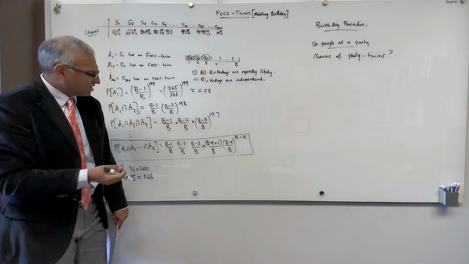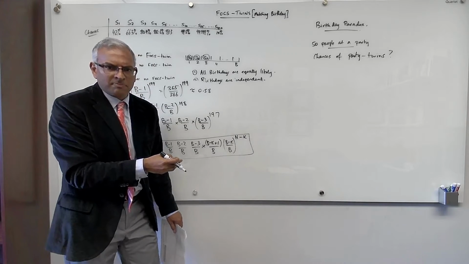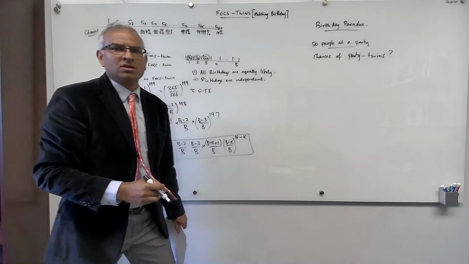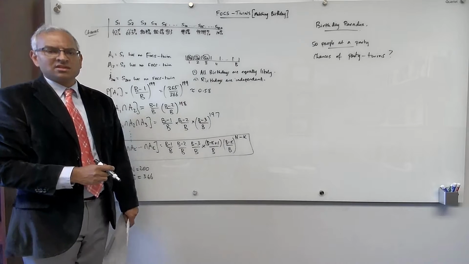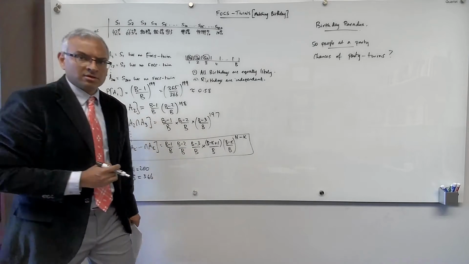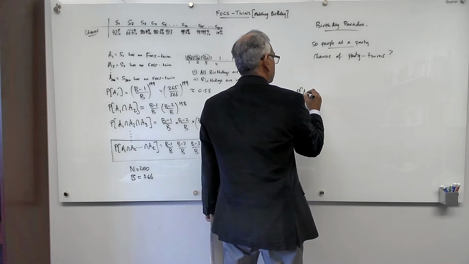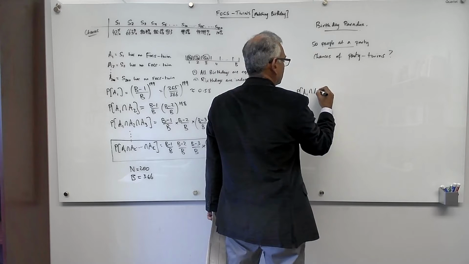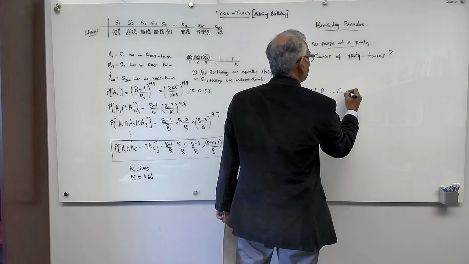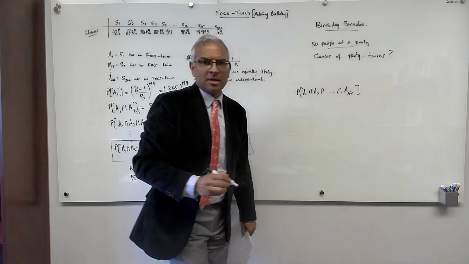Basically, you can think of it as the same game we played in FOCS, but you ask the first person, do you have a party twin, second, third, fourth, and you keep going up to the 50th. So we can ask, what are the chances that all 50 people don't have a party twin? So we want the probability that student 1 and student 2 and all the way up to student n, which is 50, do not have a party twin.